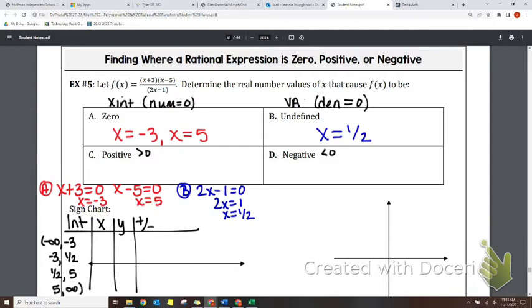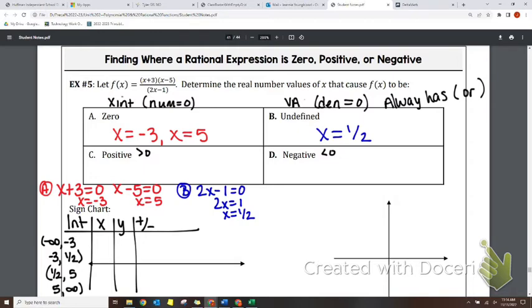Remember, your infinities will always have parentheses. And also, because your vertical asymptotes come from your denominator, which cannot equal 0 in your domain, your vertical asymptotes will always be parentheses. So at the 1/2, I'm going to put a parenthesis on both of those.